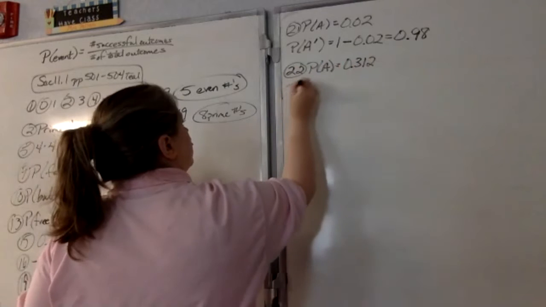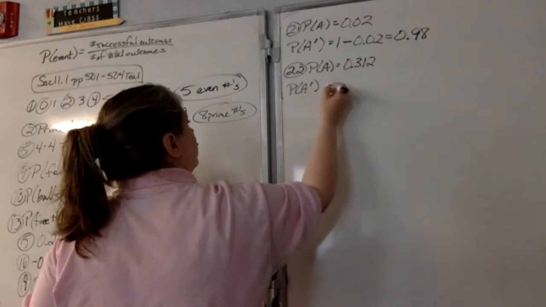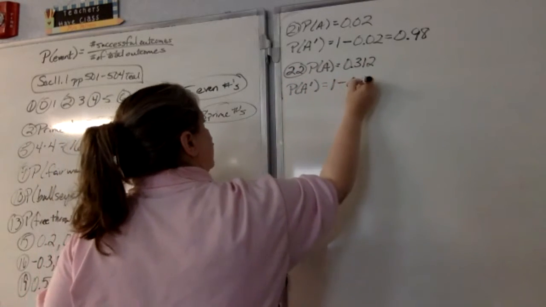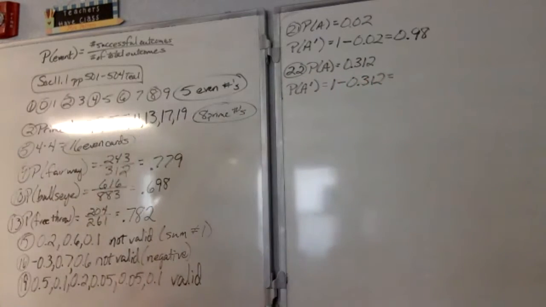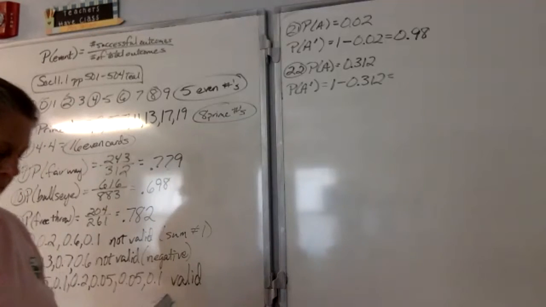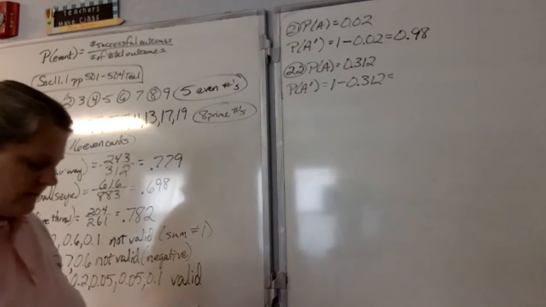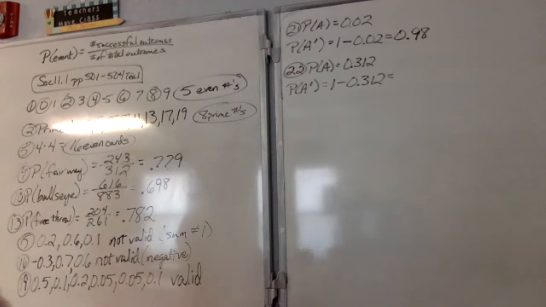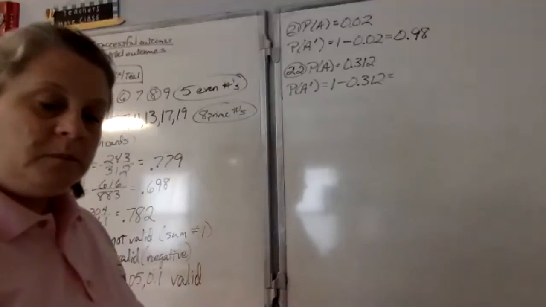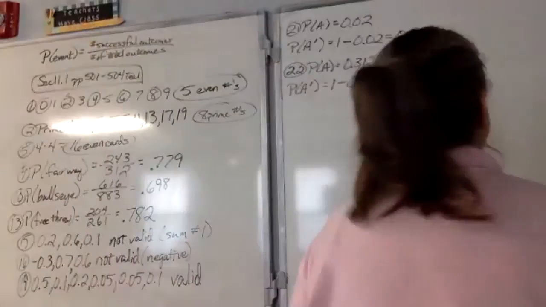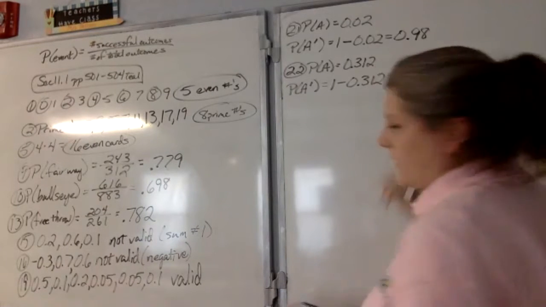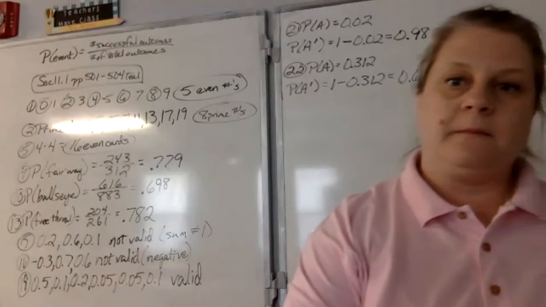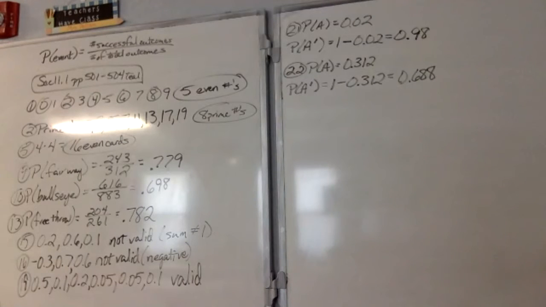So to find the probability of the complement, I take 1 minus 0.312. That equals 0.688. Okay? Pretty easy? All right. Yep.